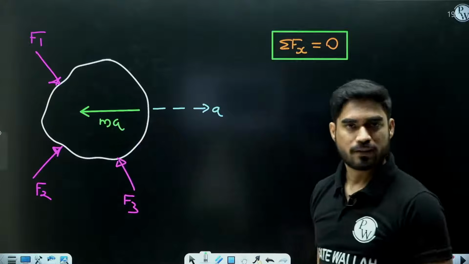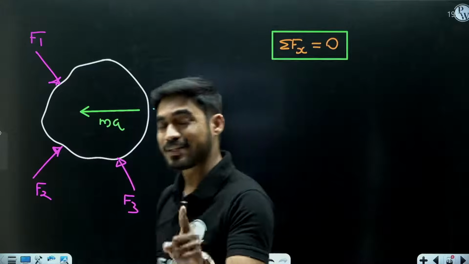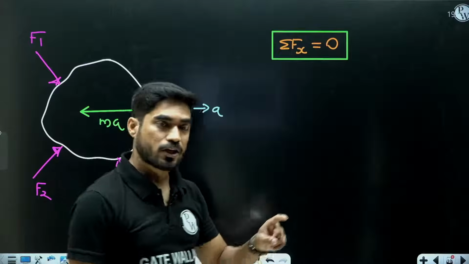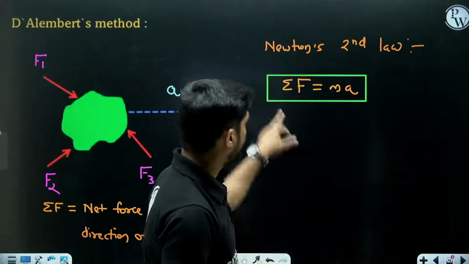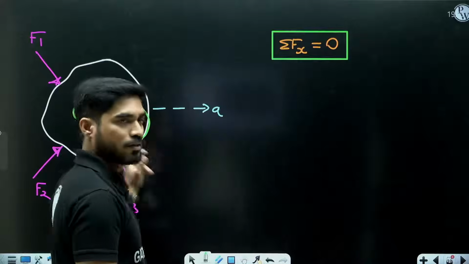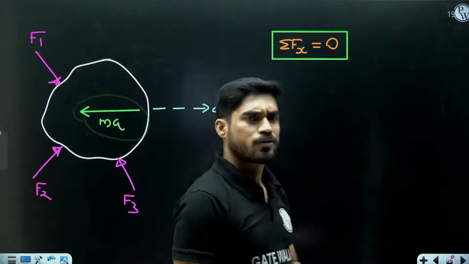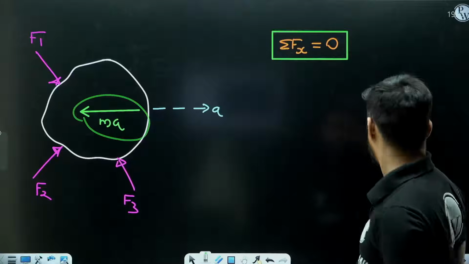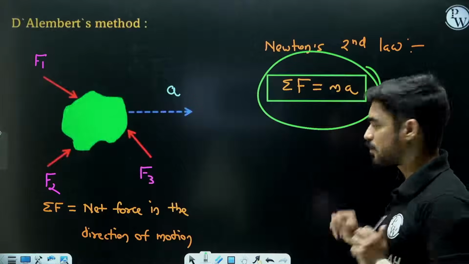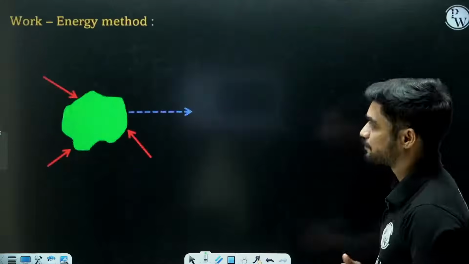When we study kinetics of rigid bodies, I will tell you why you will have to use the dummy force concept. I will explain. So right now you forget this, you just focus on Newton's law, summation of F equal to ma. So this is the first method.